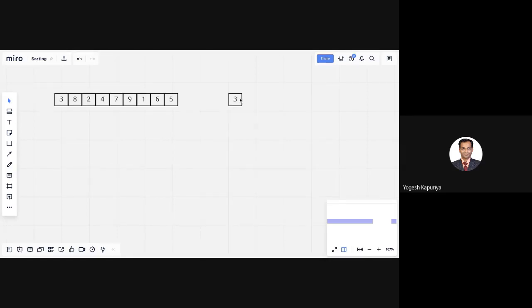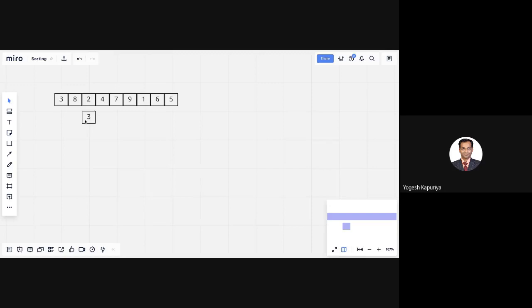So this is 3, and this will be the exact position of 3 once it is sorted. So this algorithm will find out a place where 3 is to be put, and it will put the value of 3 at that point. So this is my partitioning.